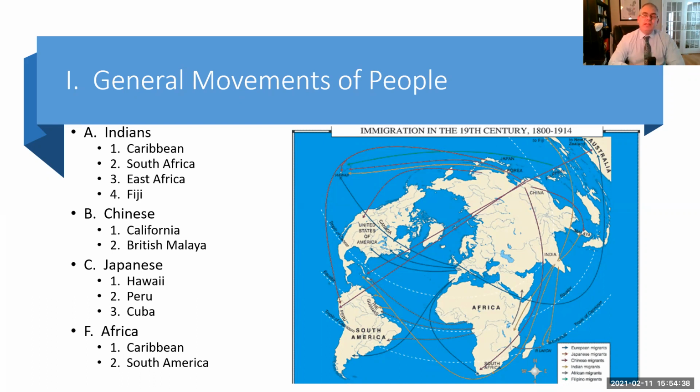The map on the right side of this slide goes into a little bit more detail, and my suggestion to you is not to obsess terribly much. The big thing to notice is that there are Asian populations, Japanese, Chinese, and Indian populations, who are migrating to Hawaii, South America, and the Caribbean.